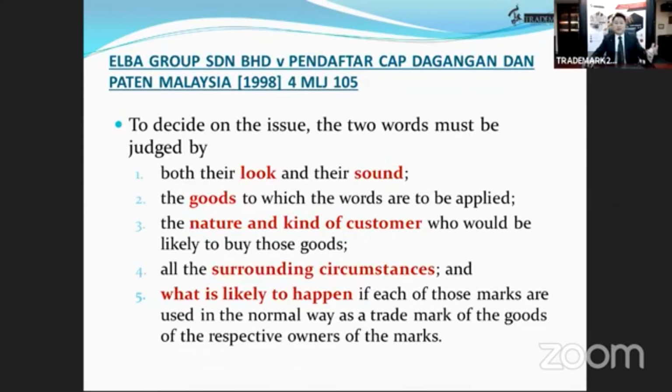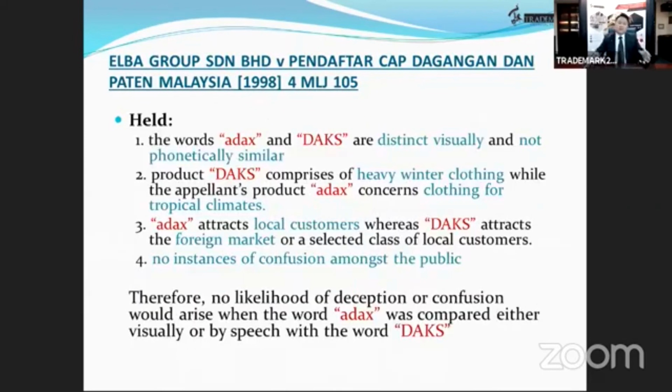In this case, it was held that the words ADAX and DAX are not visually or phonetically similar. The easiest way is to pronounce ADAX, DAX: totally different. When you look at the words ADAX, DAX: totally different. And you look at the product.